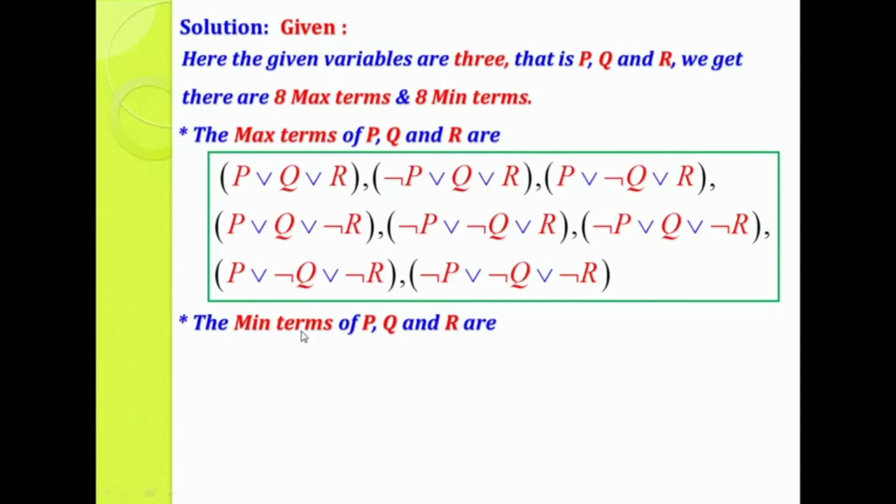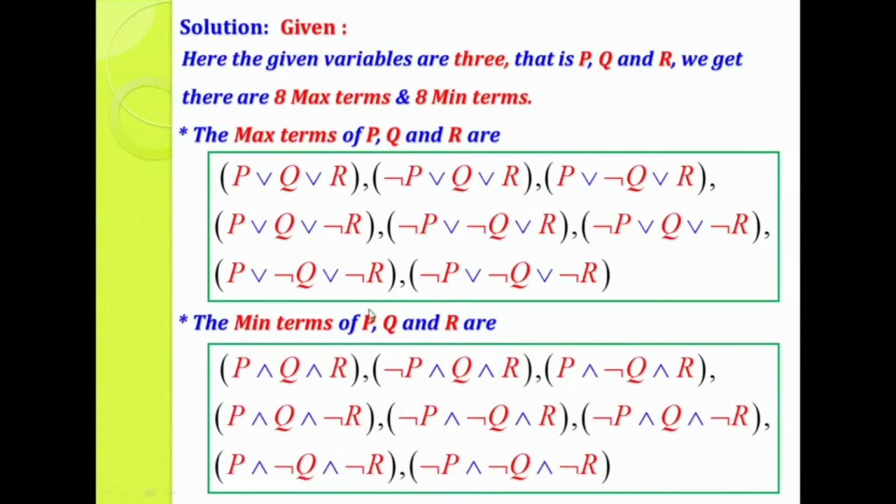Similarly, we write the min terms of P, Q and R. To write min terms, we have to construct all possible formulas which consist of the conjunction of P, Q, R and the negations of P, Q and R. What is the conjunction operator? The product operator. This is called the conjunction operator.